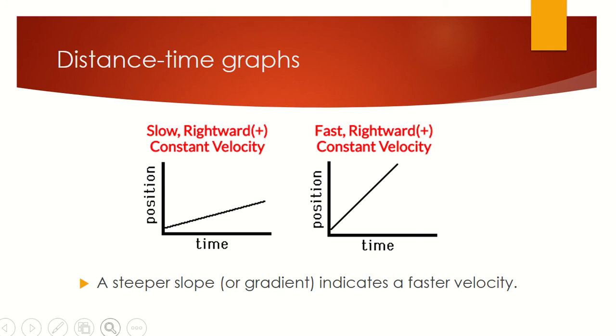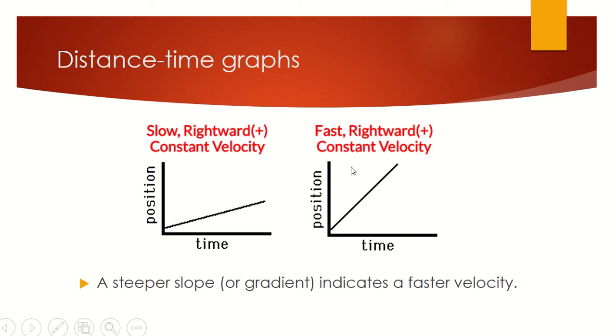Now these are just some more distance time graphs. I'm probably going to use distance time and position time graphs interchangeably a bit, because realistically it's just showing you the change in position, that change in displacement or distance travelled. So the steeper the gradient of a position versus time graph, the faster the velocity.